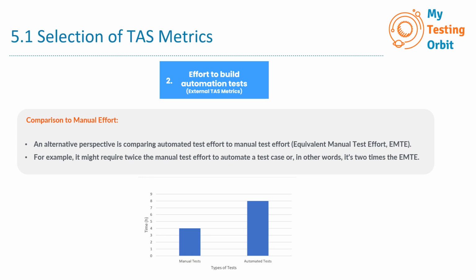It took double the time to automate the test case compared to the time it would have taken to perform it manually. So this example demonstrates that for this specific test case, automation required more initial effort than manual testing. However, it's important to remember that the long-term benefits of automation, such as faster and repeatable testing, can outweigh this initial investment.